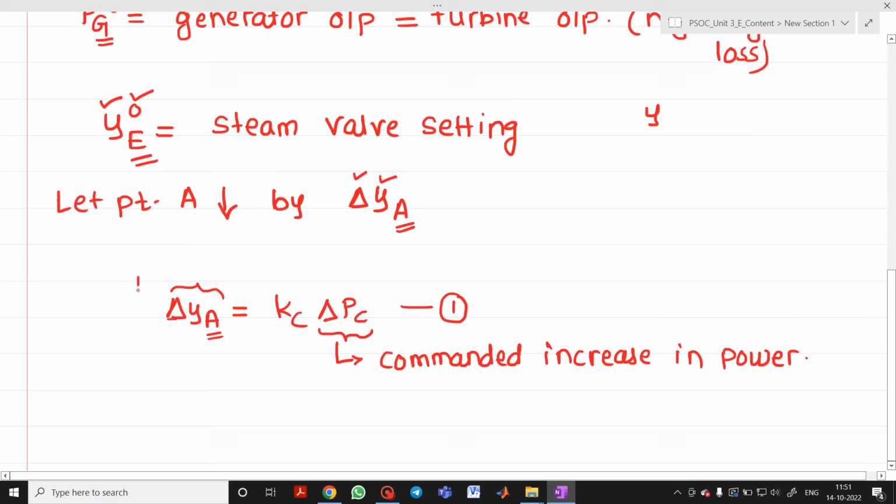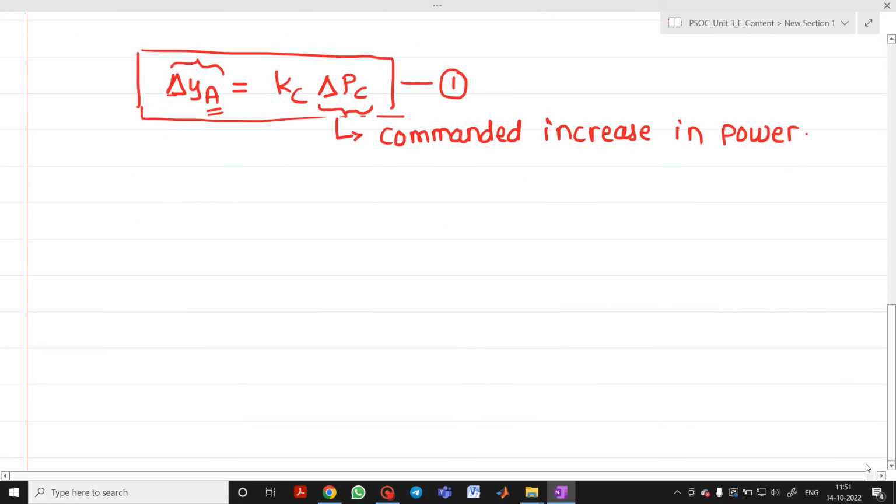Let us consider this as equation number 1: delta YA equals Kc, the constant, into delta PC. Now this delta PC is nothing but the commanded signal, which sets into a sequence. What will be the sequence?